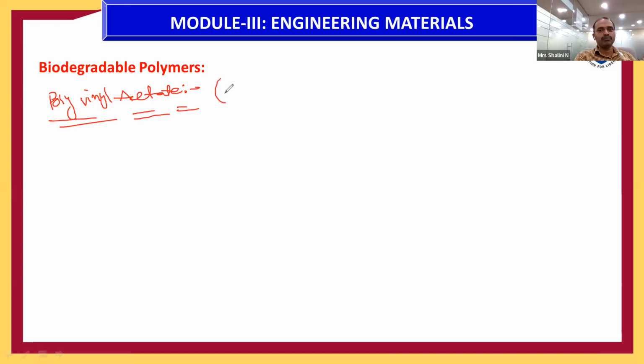Polyvinyl acetate, that is PVAc. This polyvinyl acetate is prepared from vinyl acetate. The structure of vinyl acetate is H2C double bond CH, O C double bond O, CH3.